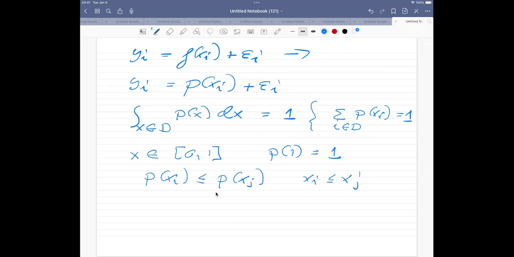So this is the kind of monotonic property of a probability distribution. You have other properties like the cumulative distribution, where you integrate up to a specific point, et cetera. So these are some basic elements of probabilities.